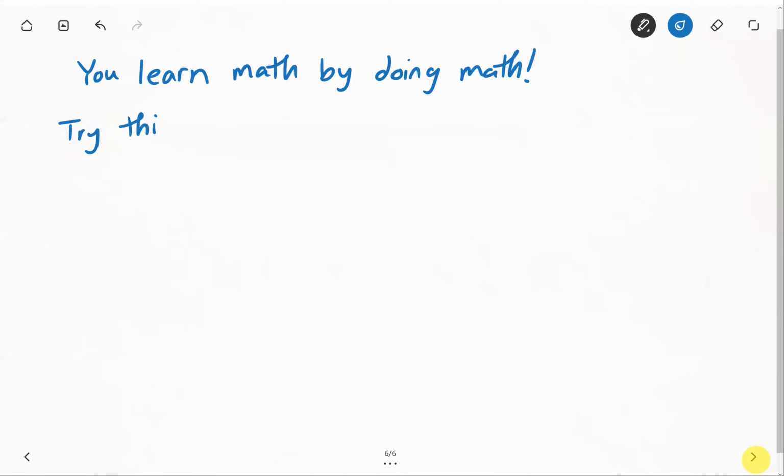So try this. Go ahead and review your knowledge of derivatives in the context of multivariable calculus. Let's say z is a function of x and y. Let's make something interesting here. Let's do cosine of x squared.